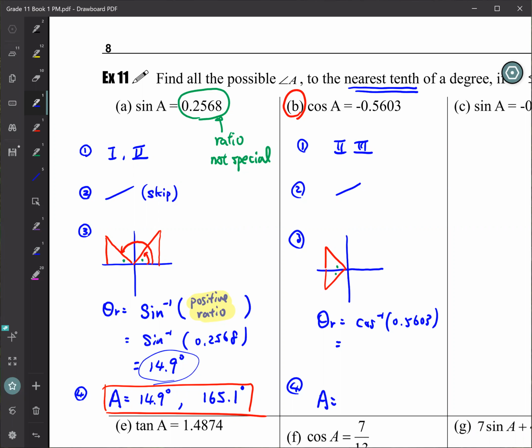Marcus, what do you have for number 3, the reference? I got 55.9. 55.9, okay. Elaine, how about you? I also got 55.9.